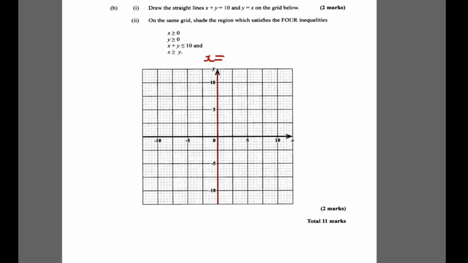And then draw the line y equals 0. This is the line y equals 0, which is the x-axis. And then you need the line x plus y equal 10. To draw the line x plus y equal 10, you draw a line that passes through 10 and 10 for both x and y.